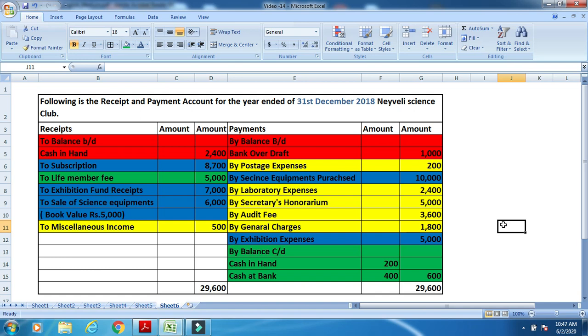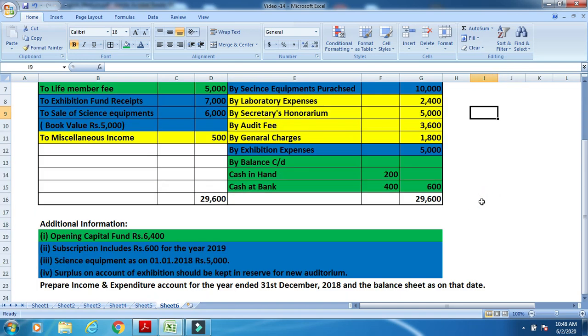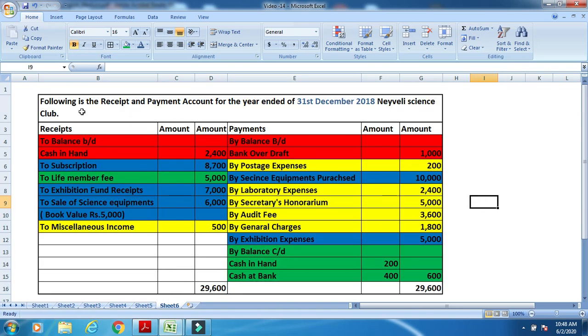Listen here. Whatever we have an adjustment for is blue. Whatever relates to the opening balance sheet is red. Whatever relates to the income and expenditure account is yellow. Whatever relates to the balance sheet is green. The next step is to prepare the income and expenditure account.